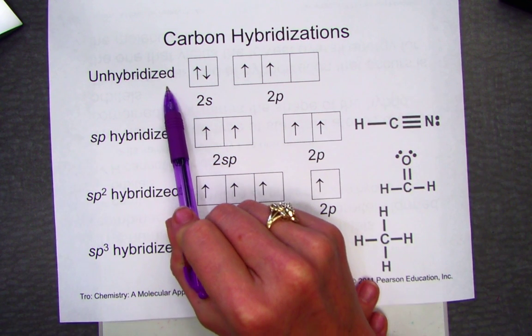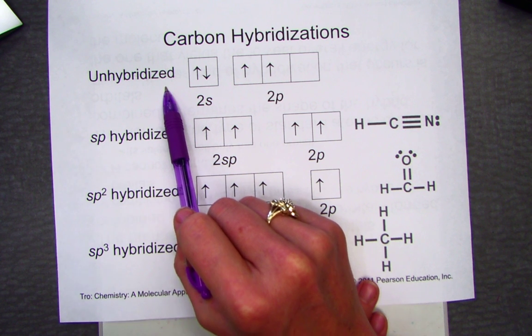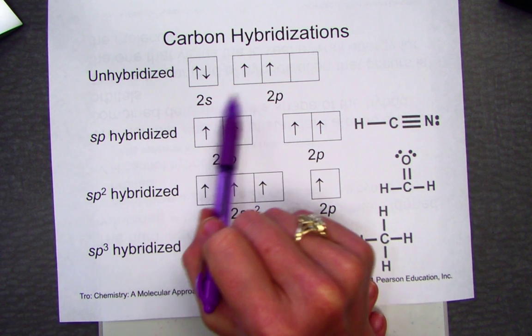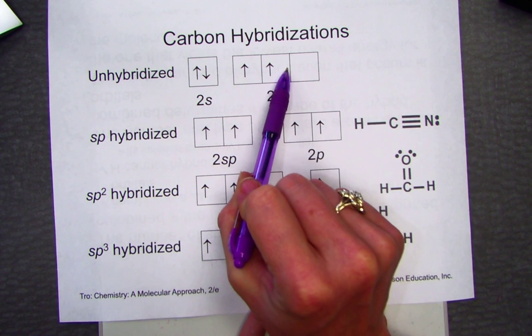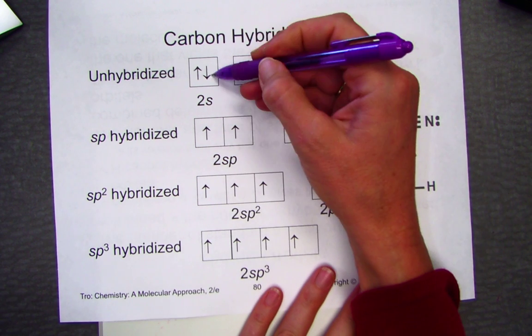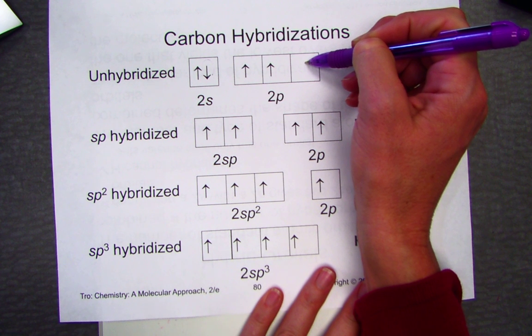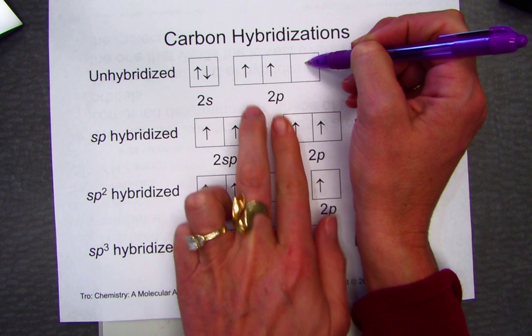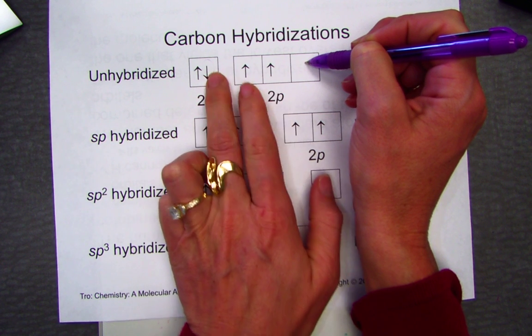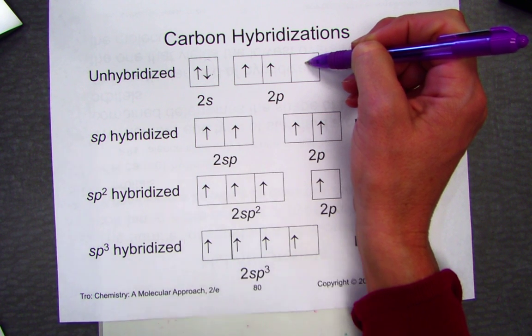Carbon in its unhybridized state, what we would normally consider writing out as 1s2, 2s2, 2p2, but I have an empty orbital. So I want to take this electron, unpair it, and promote it to this orbital here. What would we have left? We would have a hybridized orbital where I promoted this electron here.